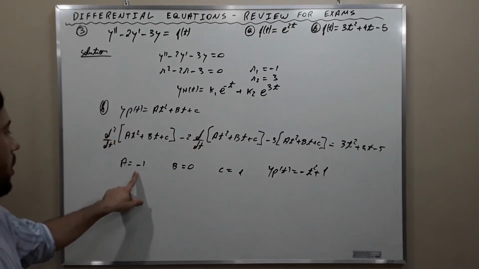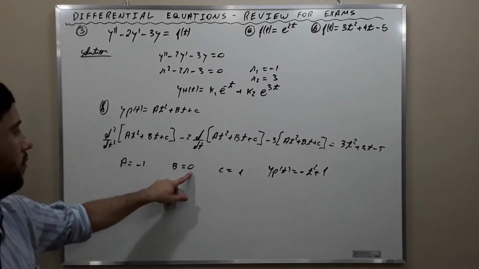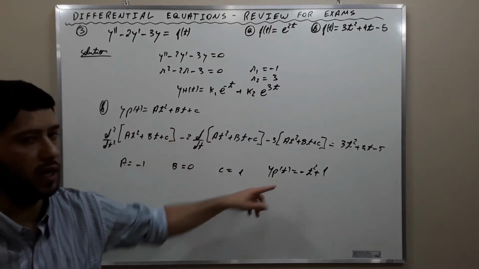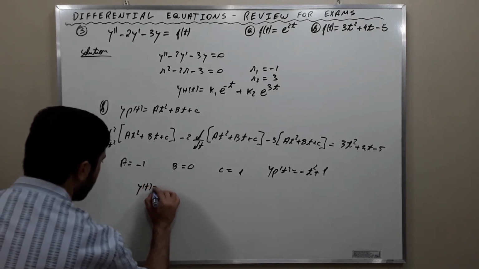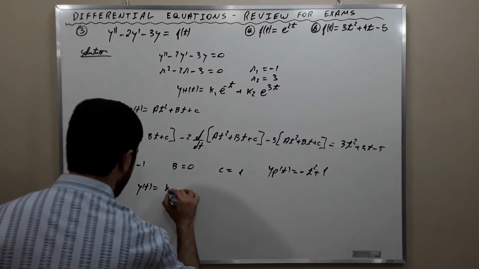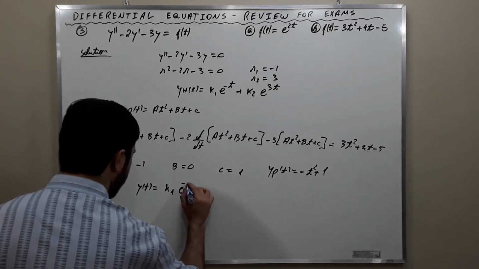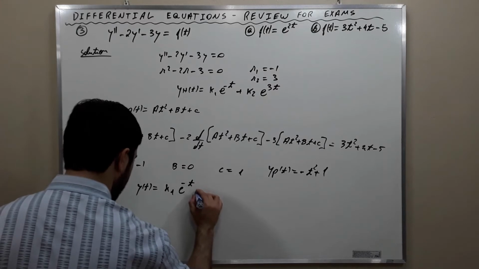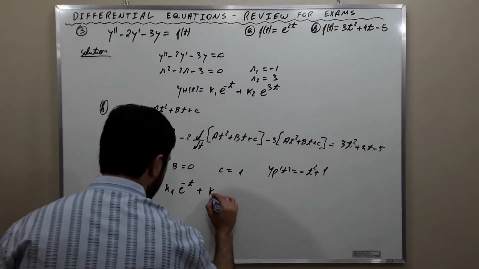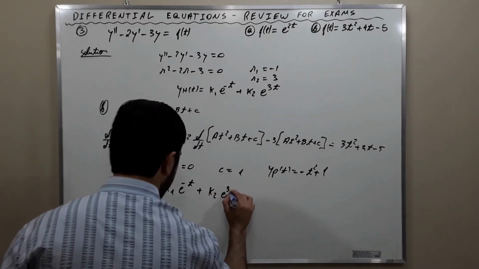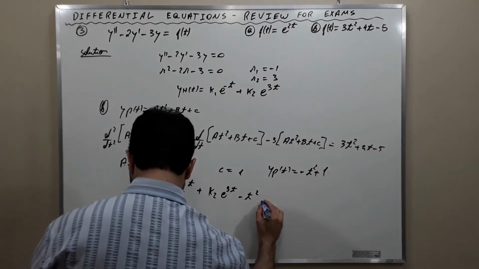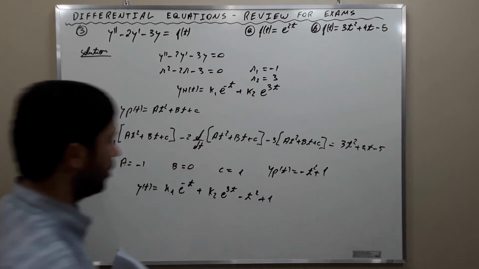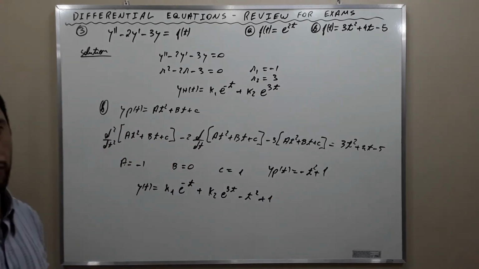We simply put -1 here, 0 here, and 1 here, and we get this. And finally, the general solution is k1 e raised to -t plus k2 e^3t minus t squared plus 1. Okay, this is the general solution for letter B.